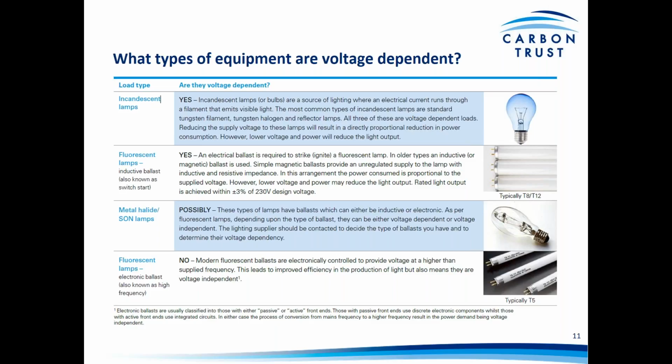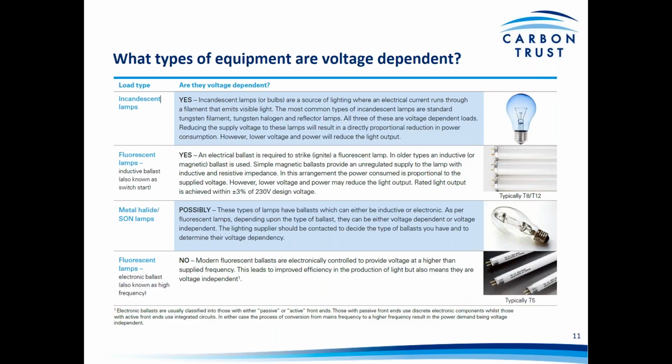That's not necessarily an issue. We would just suggest that when considering voltage management, you also just make sure that the reduction in the light output won't mean that light levels on site would drop below the guideline levels.